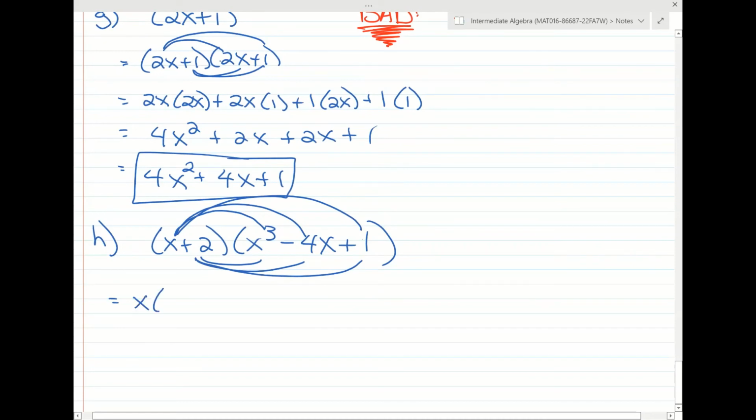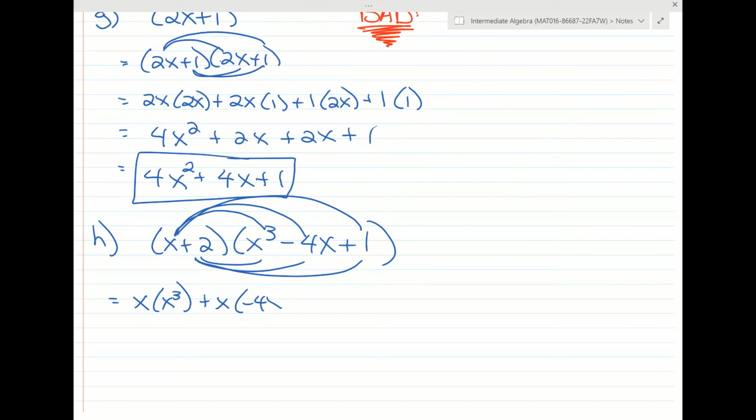So x times x to the third plus x times negative 4x plus x times 1. Then we multiply the 2 times everything.